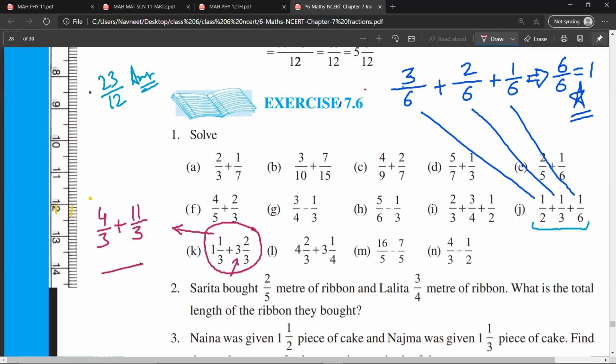And this will be equal to 15 by 3. And this will be equal to 3 by 1, or 3. Very nice, Mr. Siddharth. The next question, what should I write this 4 as?